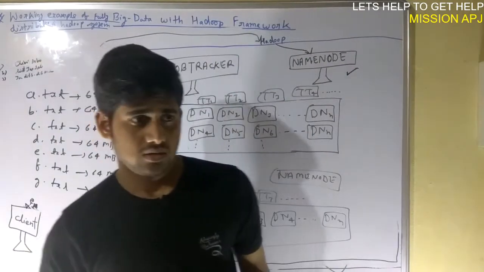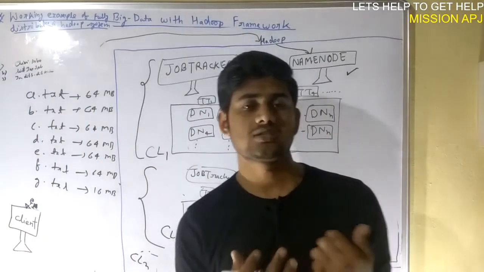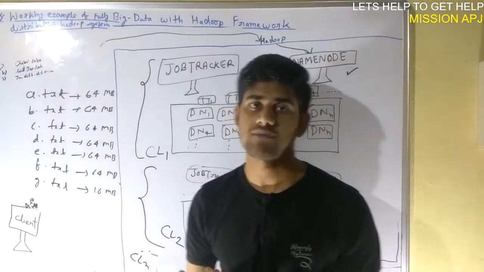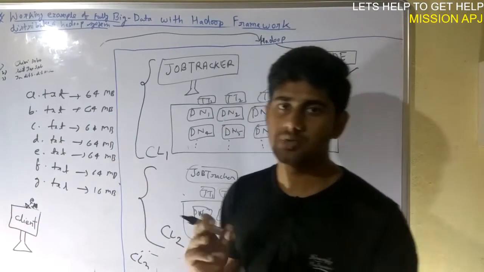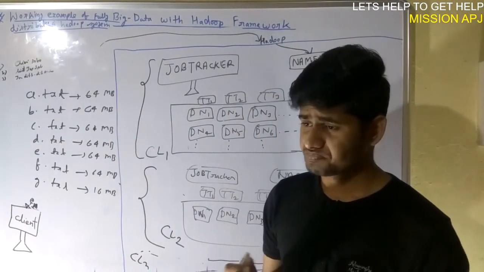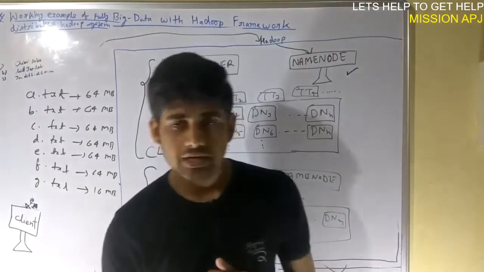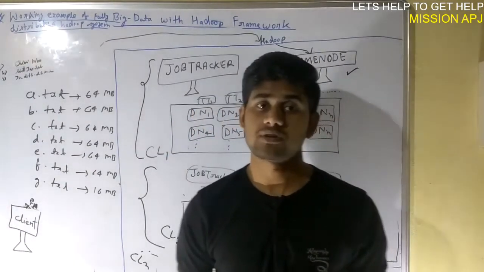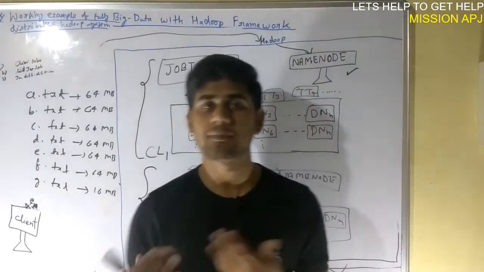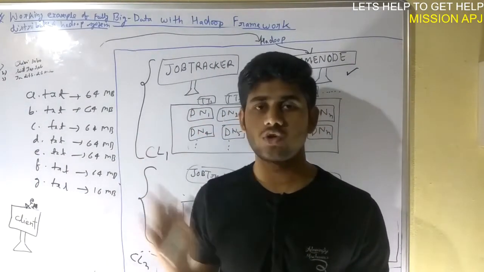Now storing 400 MB of data can be done in a single data node also, because a single data node has a capacity of terabytes, so 400 MB can easily be stored. But there is a possibility that the data node is not fully empty, and does not even have 400 MB of space free.